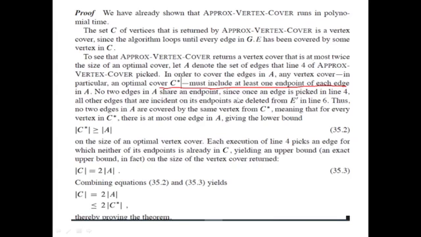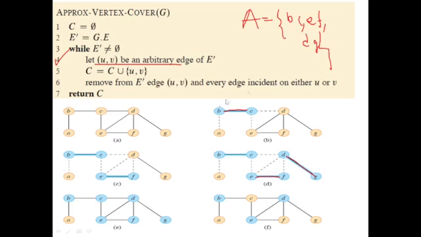What it says is that in order to cover the edges in A, that means now your optimal cover, let's call it C star. Here how many vertices? 6 vertices. What about C star? Which vertices do we choose for the optimal cover?